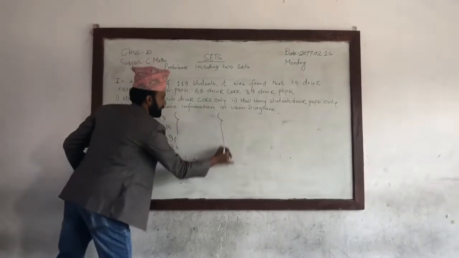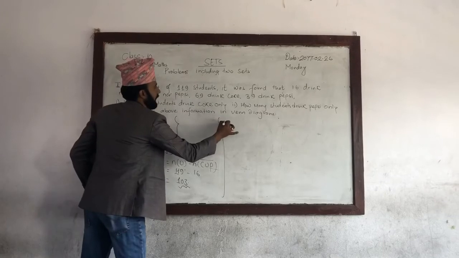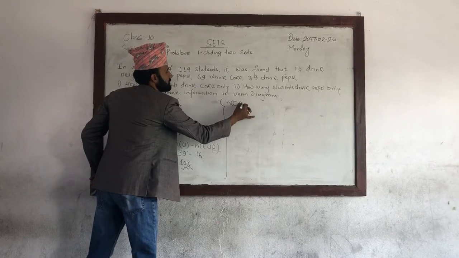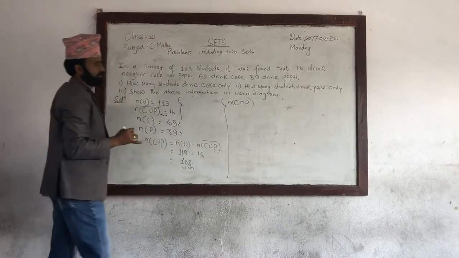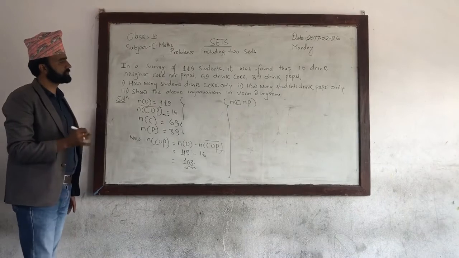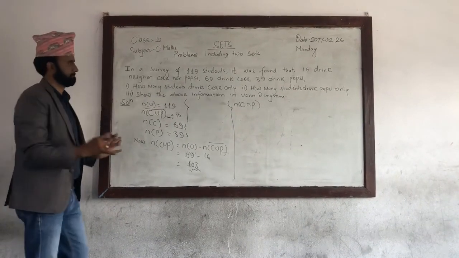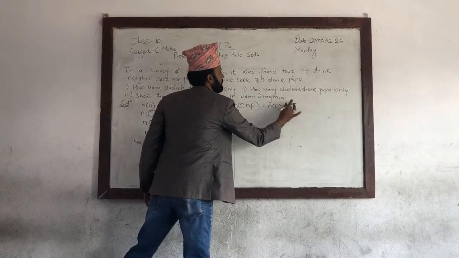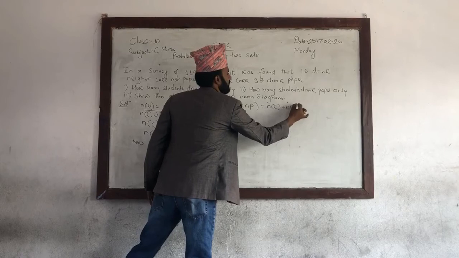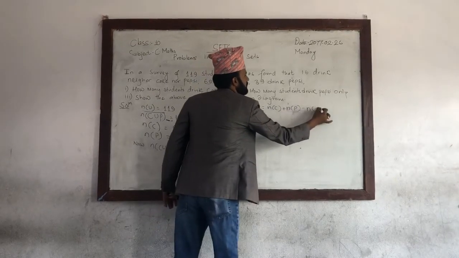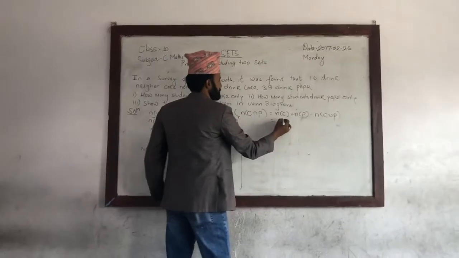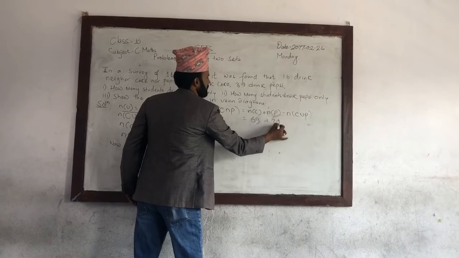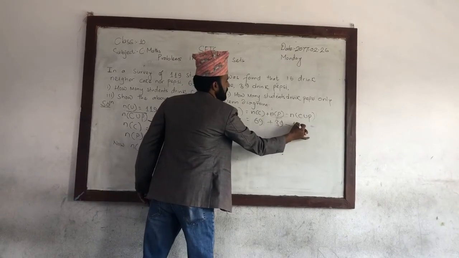Using this information, you can find n of C intersection P, the number of students who like both drinks. That equals n of C plus n of P minus n of C union P. That equals 69 plus 39 minus 103.